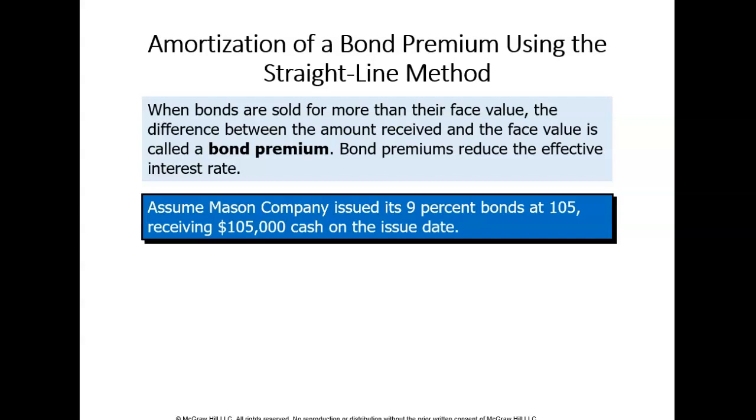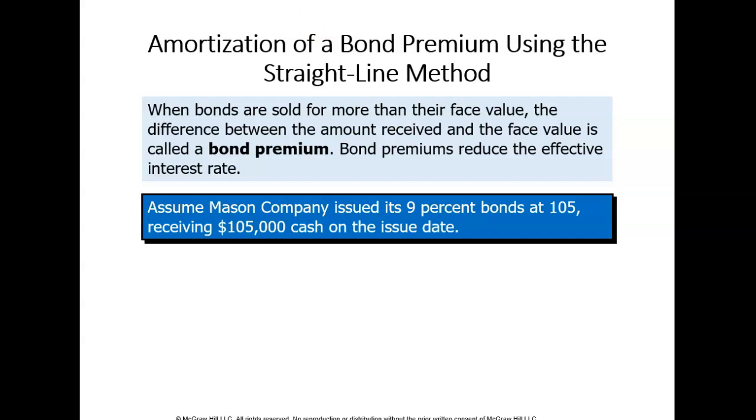That happens when, write this down, when the bond's stated rate of interest is higher than the current market rate of interest, bonds will sell at a premium. Again, when a bond's stated rate of interest is higher than the current market rate of interest, those bonds will sell at a premium.